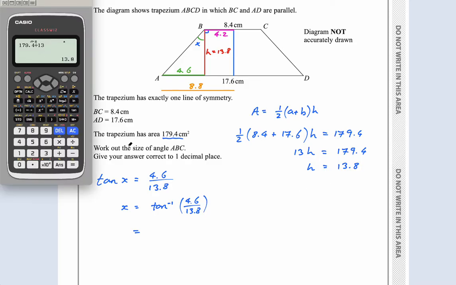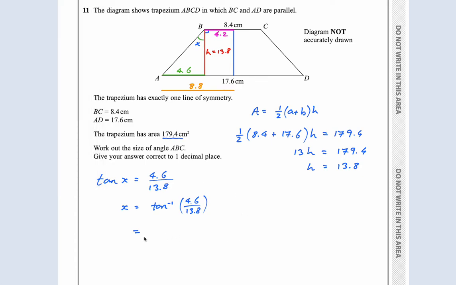And I'm going to put that straight into my calculator. I'm going to do inverse tan, shift tan, inverse tan, 4.6 over 13.8 gives me 18.435, approximately equal to that. He wants his answer to 1 decimal place.